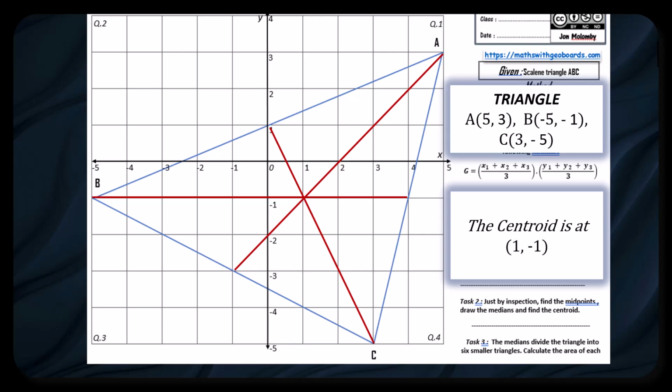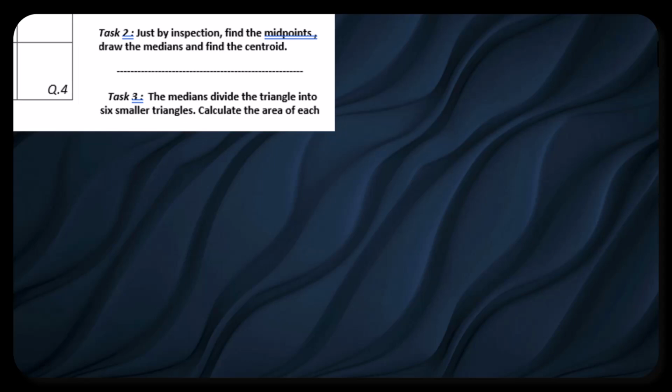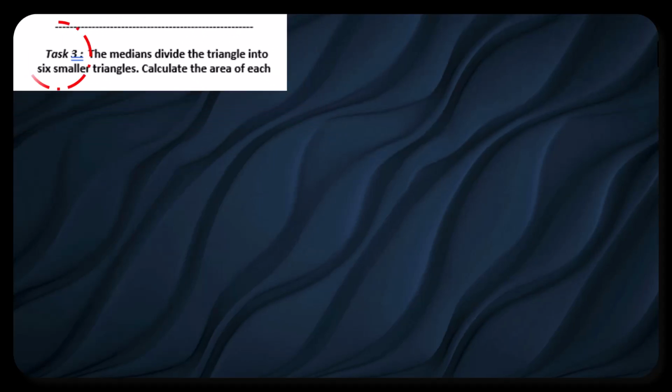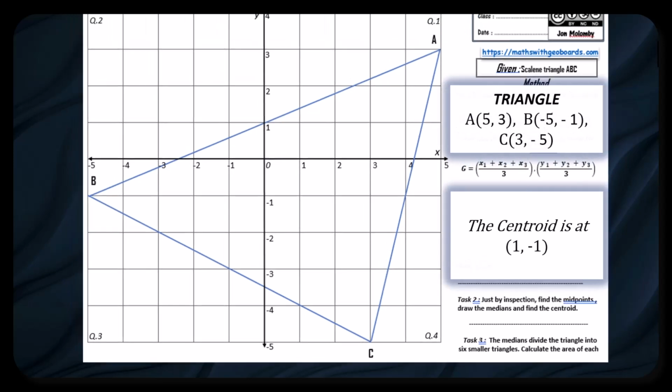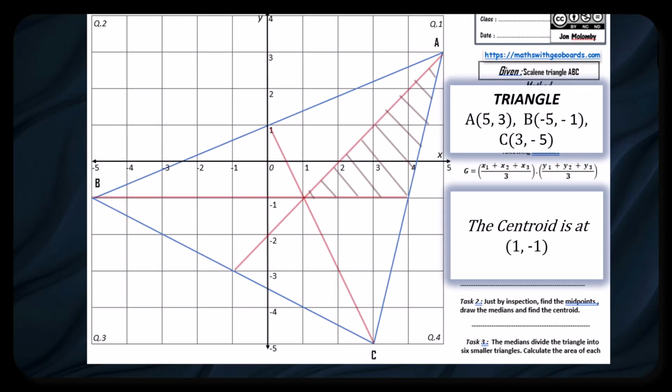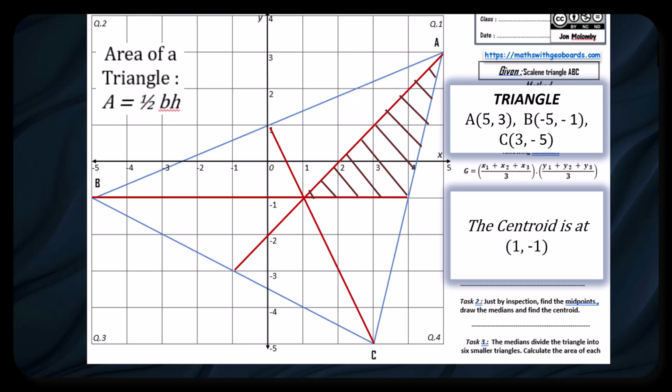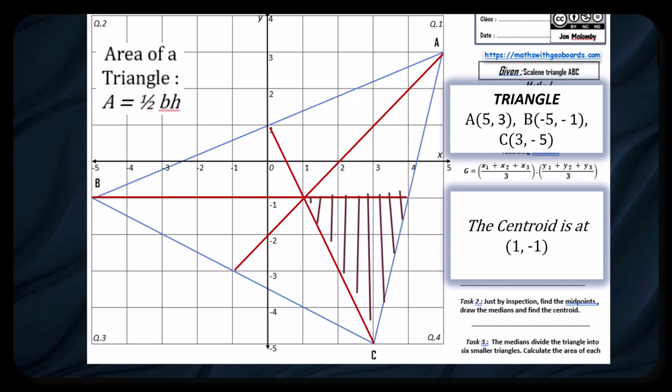That was task 2. Task 3, let's check if all the small triangles have equal area. So there's the first. We're going to use half base times height. Well, the base is 3, the height is 4, so that's 6. The next one is the same.